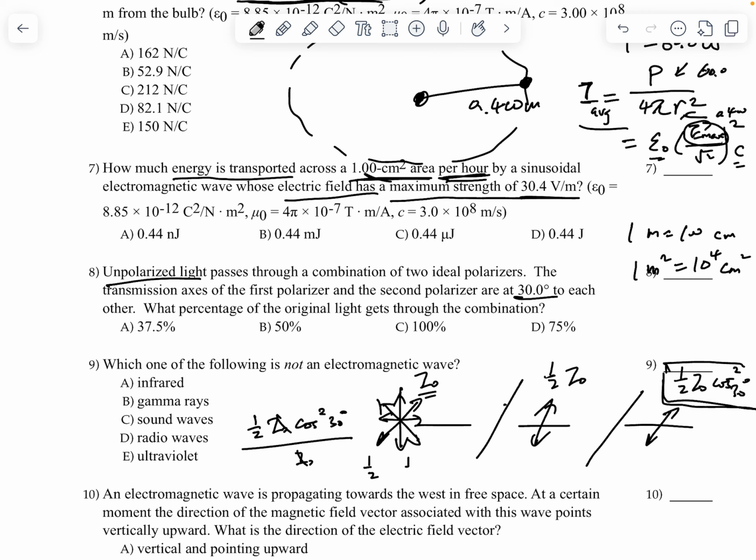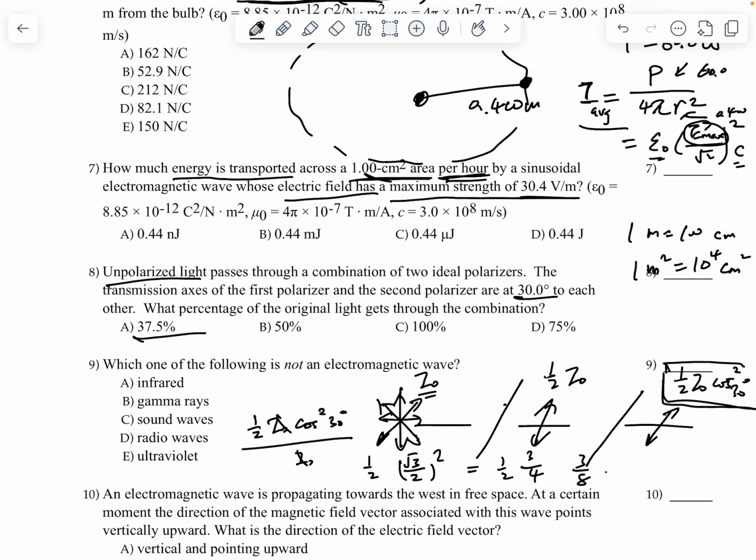Cosine 30 is square root of 3 over 2, squared gives 3 over 4, so half of that is 3 over 8. 3 over 8 is 0.375, which is 37.5%.